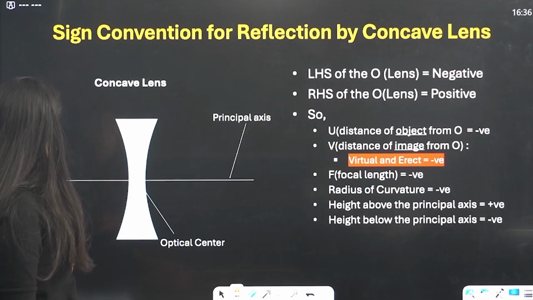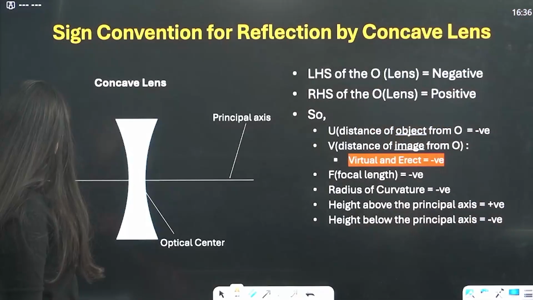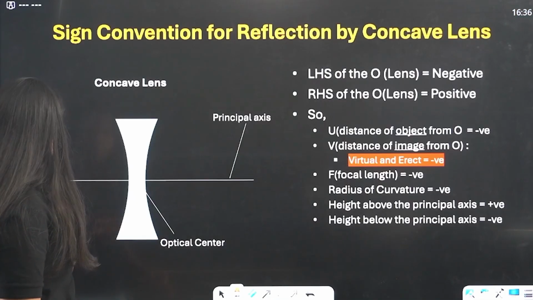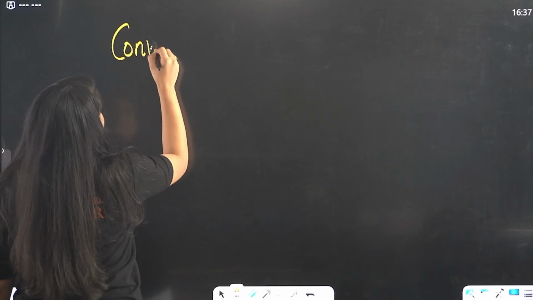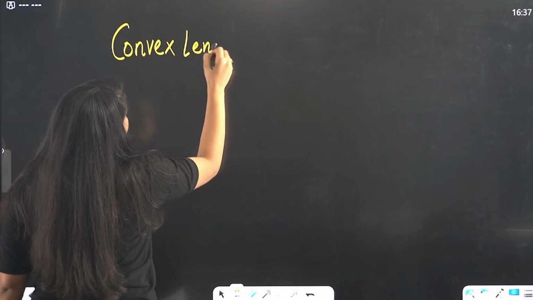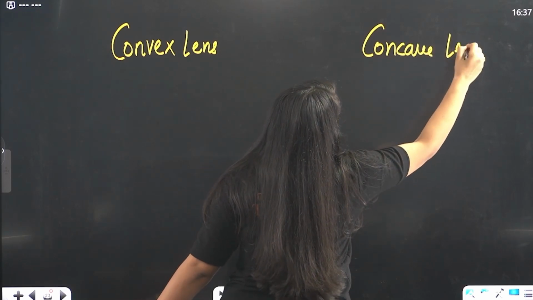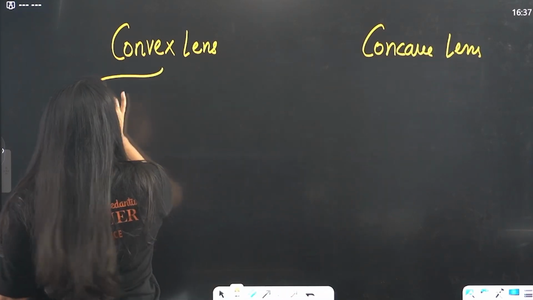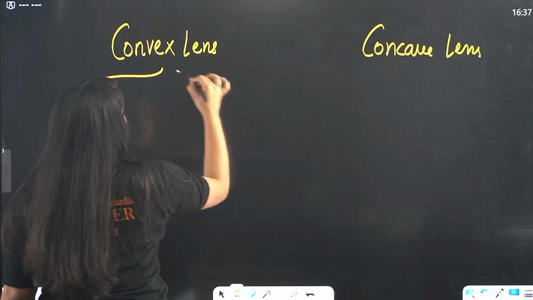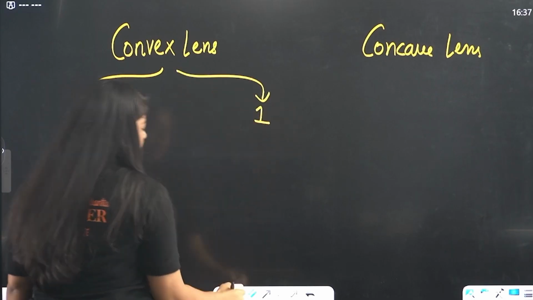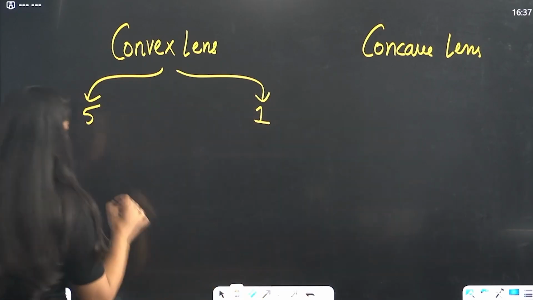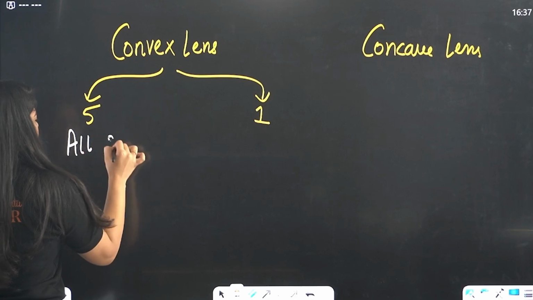Let's just quickly practice the image formation. Okay, so we had the convex lens, and we had the concave lens. In the convex lens we have 5 cases and 1 stupid case. Out of these 5 cases, all sizes of images are formed.